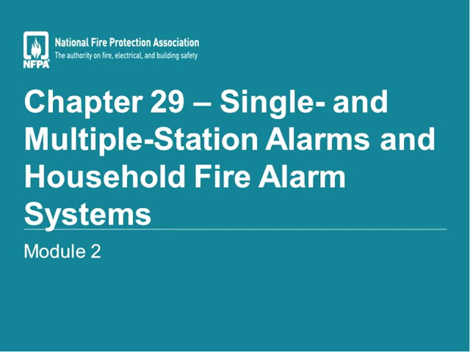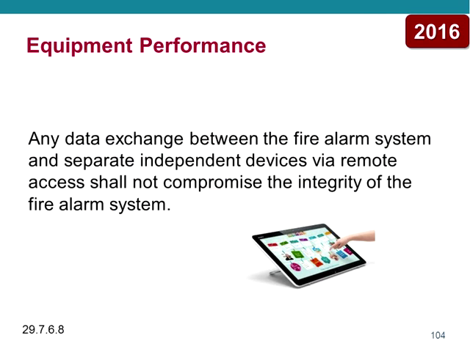And then finally, Chapter 29, single and multiple station alarms and household systems. We have basically a technology now that really is getting crazy. You've seen the ads for some of these folks on TV, ADT and SimpliSafe and some of these other companies out there that provide all kinds of gee whiz stuff for your tablets, for your mobile phones, so you can see what's going on in your house 24/7 from anywhere in the world.